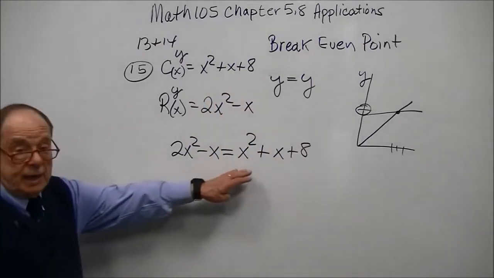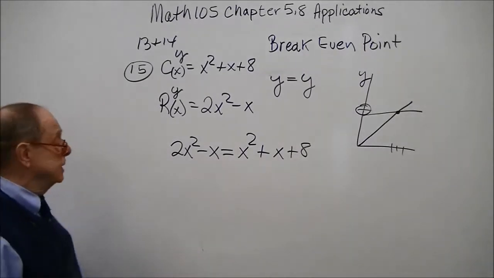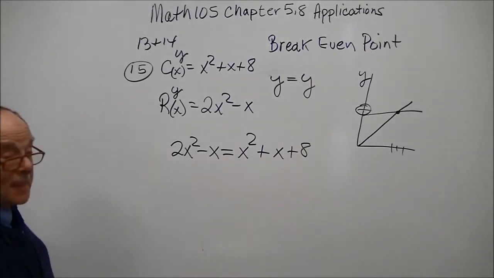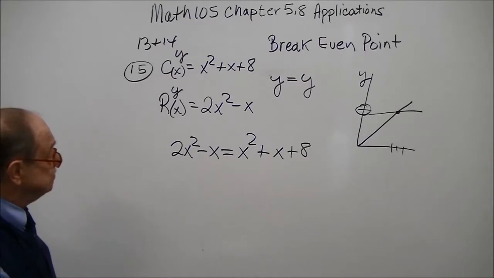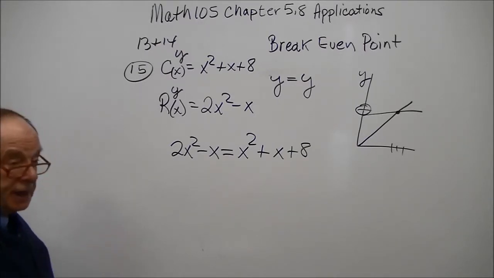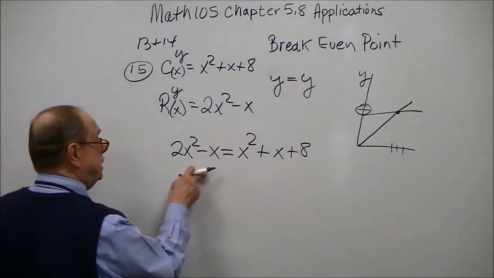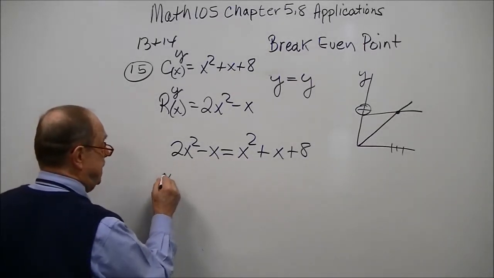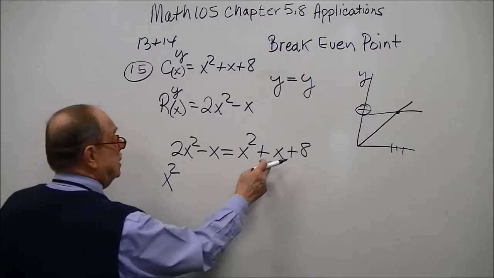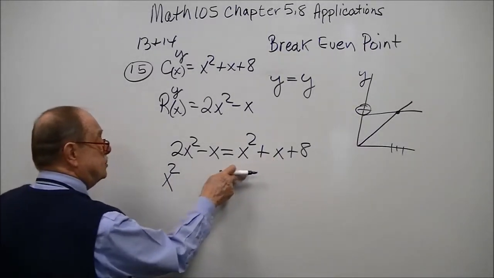But it's a quadratic equation. How do we solve it? Think about it for a moment. By putting it in standard form. So we're going to subtract 1x squared. That leaves us with an x squared. We're going to subtract an x.